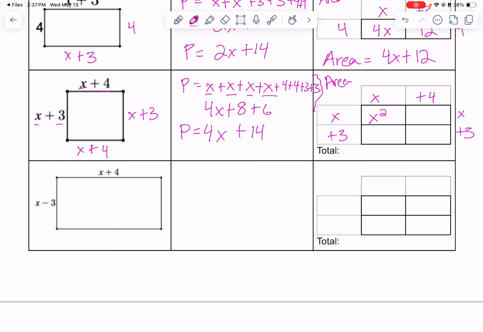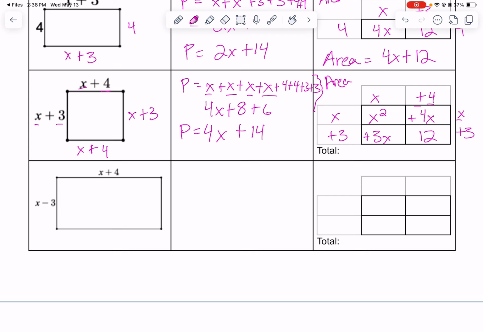For the next box, on the top right, I have a 4 times x, and we would write that as 4x. I'm also going to put a positive sign there just to make sure I understand that is a positive number. Very similarly, I have 3 times x is going to be 3x, and again positive. This bottom right corner here is going to have 4 times 3. We multiply that together, we would get 12.